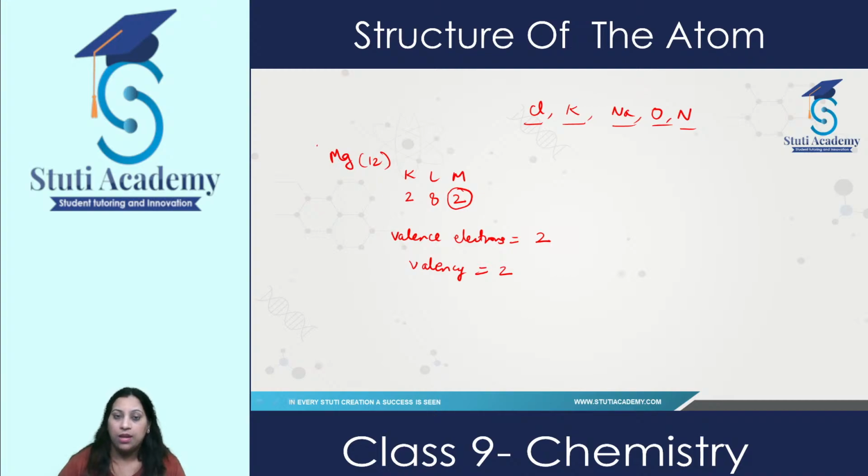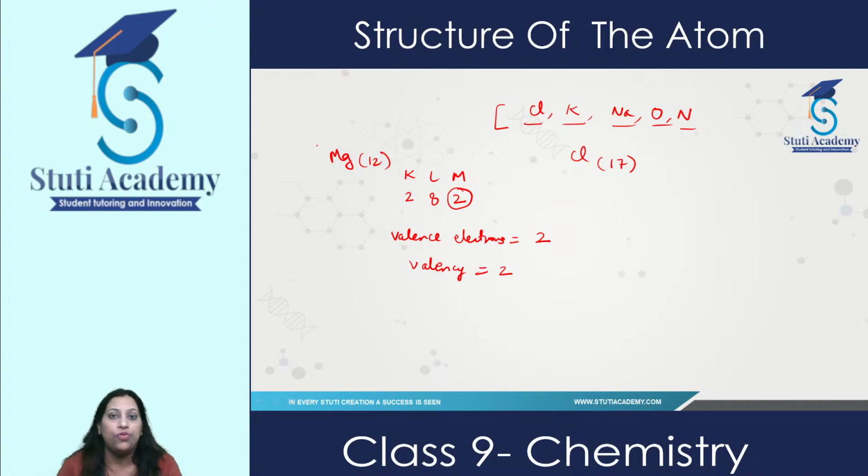So let's see these metals and non-metals. A few of them are metals and a few of them are non-metals. So how can we write their electronic configuration? Let's do all these elements one by one. First is chlorine. Its atomic number is 17. That's why I'm saying you have to learn their atomic numbers.